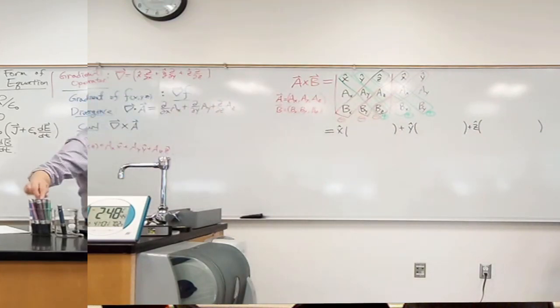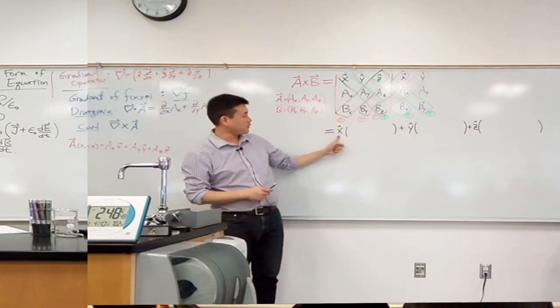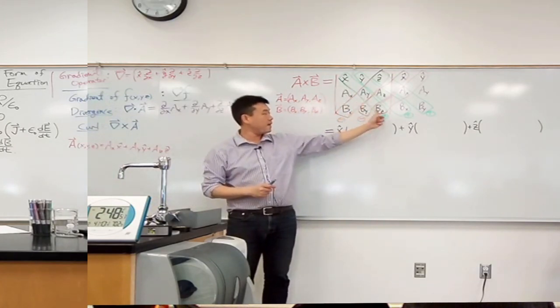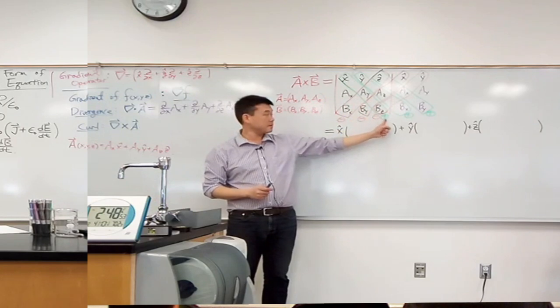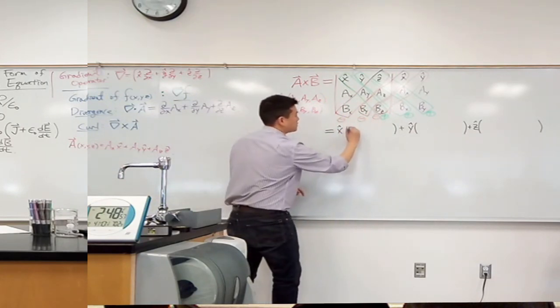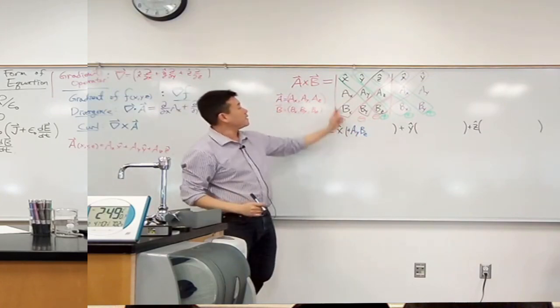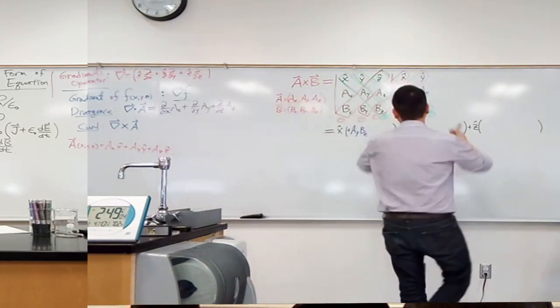So this is x hat. One of the terms must be ay and bz, that has a plus sign with it. So x hat, plus ay bz. And here's x hat again.